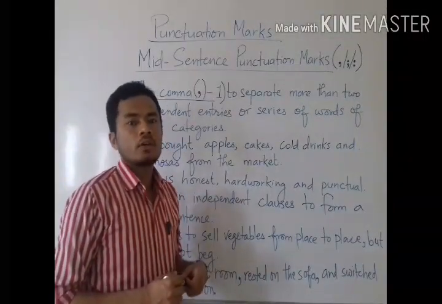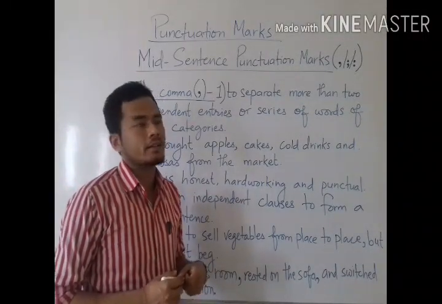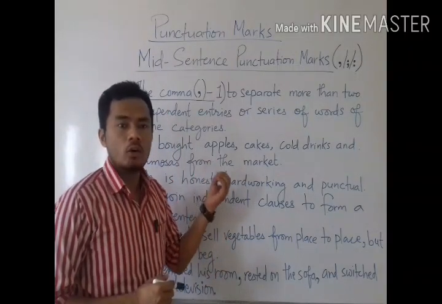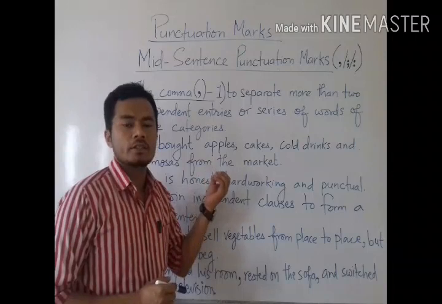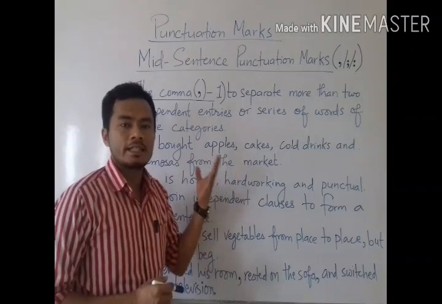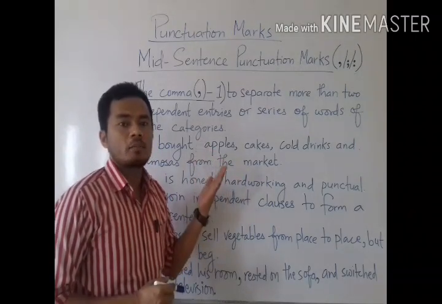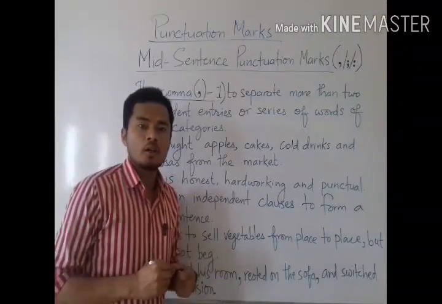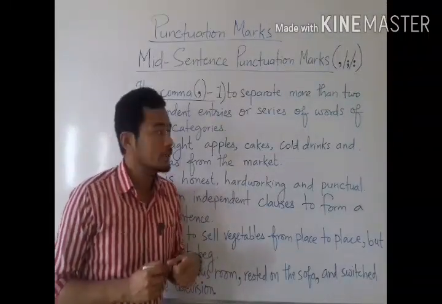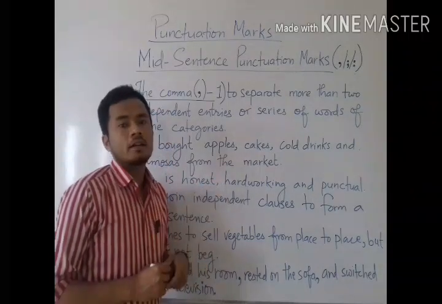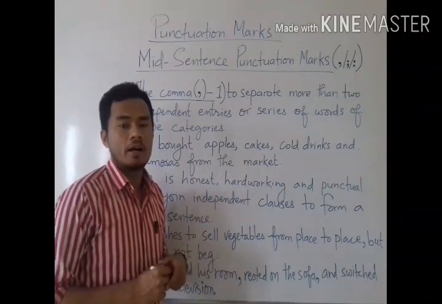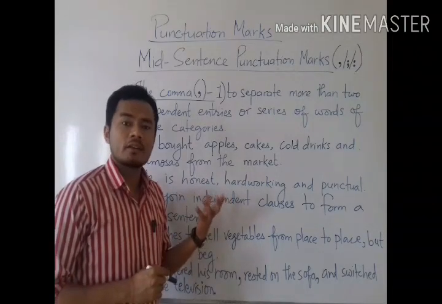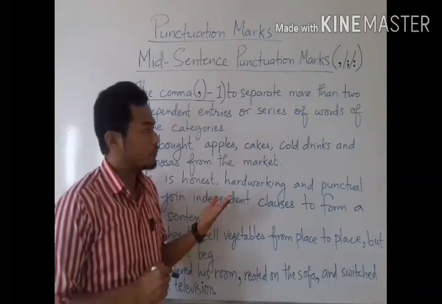Students, first we will discuss and understand the use of comma in sentences, how and in what conditions and situations the comma is used. Of all punctuation marks in English grammar, the comma has more functions than the others.